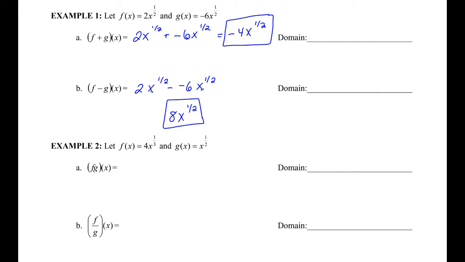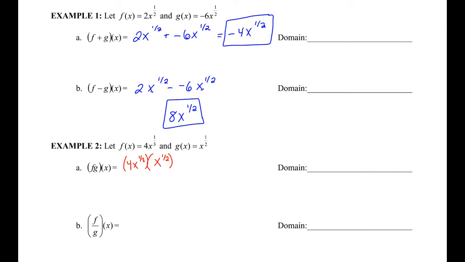We're also going to look at simplifying example number 2, the multiplying and dividing. So f times g, so I would have 4x to the 1/3 times my g value, which is x to the 1/2.